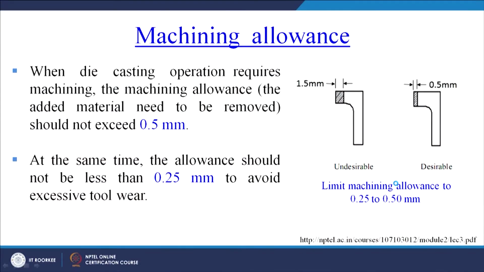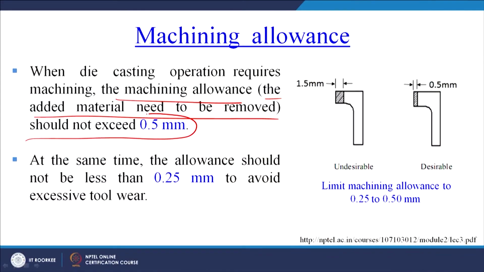So when a die casting operation requires machining, what is the machining allowance? It is the added material that needs to be removed. So we add some additional material, we make the casting slightly bigger, so that we can remove the material later. It should not exceed 0.5 millimeter. Now this may depend on a large number of parameters, but this is just one rule of thumb which we can apply.